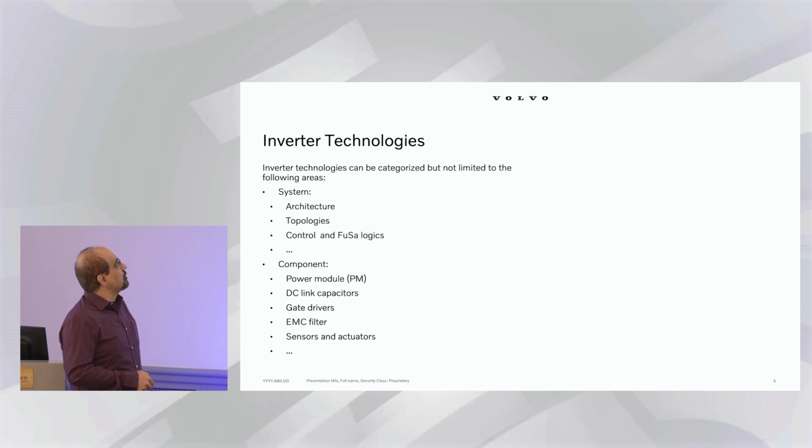Okay, let's see in which areas we are going to investigate or show the inverter technology, how the wide-bandgap devices can affect it, and how to optimize the system so that it works with the wide-bandgap devices. The technologies that we have in the inverter are not limited to this, but we have two main categories: the system, and the second one, the components.